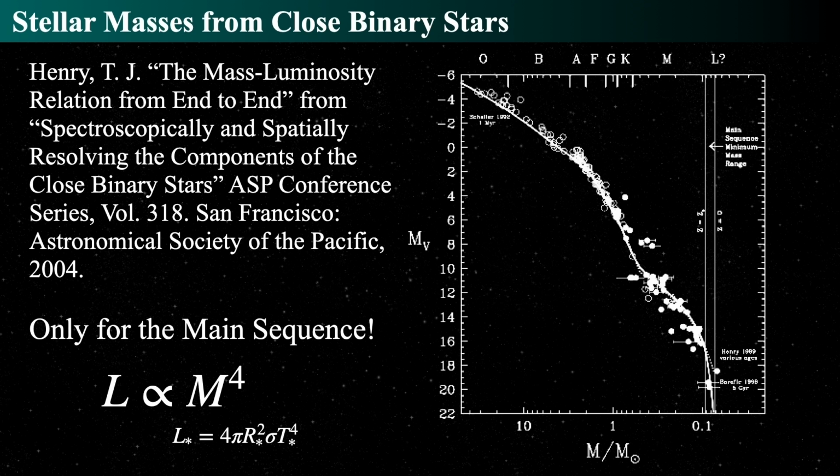So stellar masses can be derived from close binaries. They have a distinct relationship to the spectral type, and they have a distinct relationship with respect to their absolute magnitude, which is an incredibly important thing for the future. And that mass luminosity relationship is critical to astrophysics.